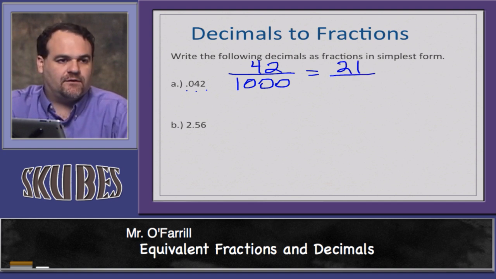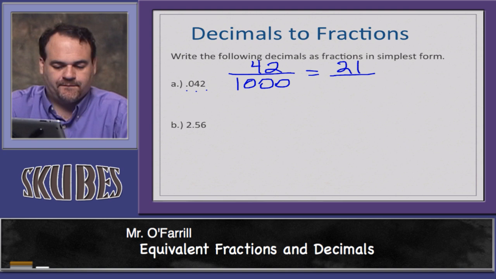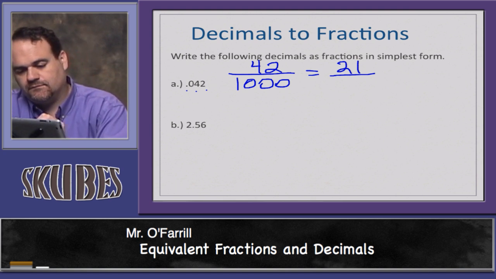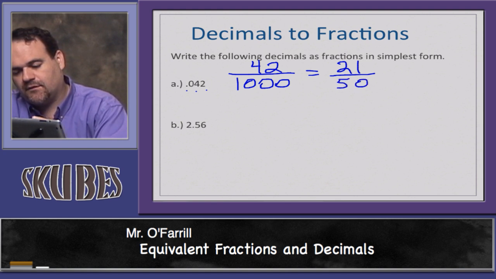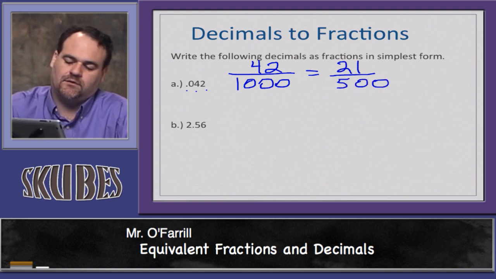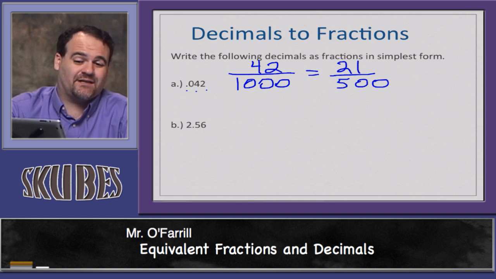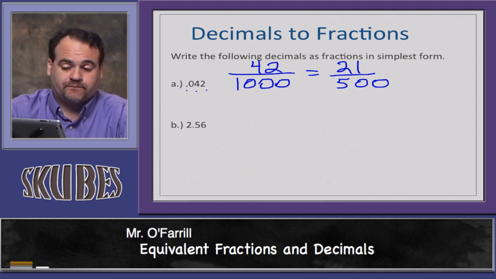And 1,000 divided by 2 is 500. Well, 21 is 3 times 7. Do you think there's a 3 or a 7 inside 500? There isn't. That's the answer, 21 out of 500.